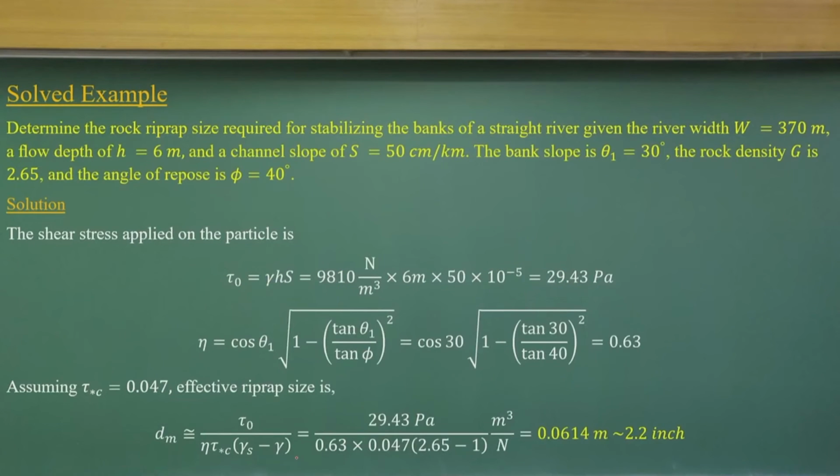Now, look at a very simple problem: determine the rock riprap size required for stabilizing the banks of a straight river, given the river width W is 370 meters, the flow depth is 6 meters, the channel slope is 50 centimeters per kilometer, the bank angle is 30 degrees, the specific gravity is 2.65, and the angle of repose is 40 degrees. So, simple cases. You compute the applied shear stress, which is a function of flow depth, and the slope is given.